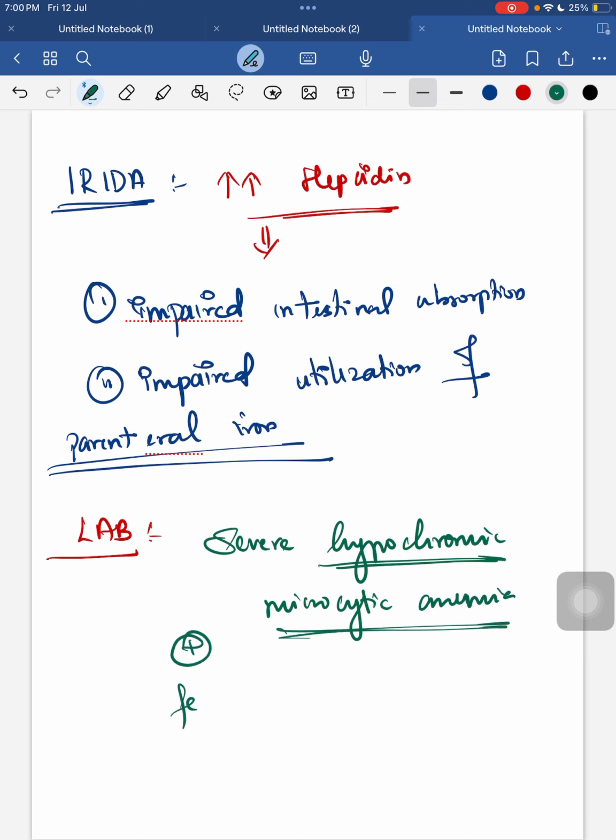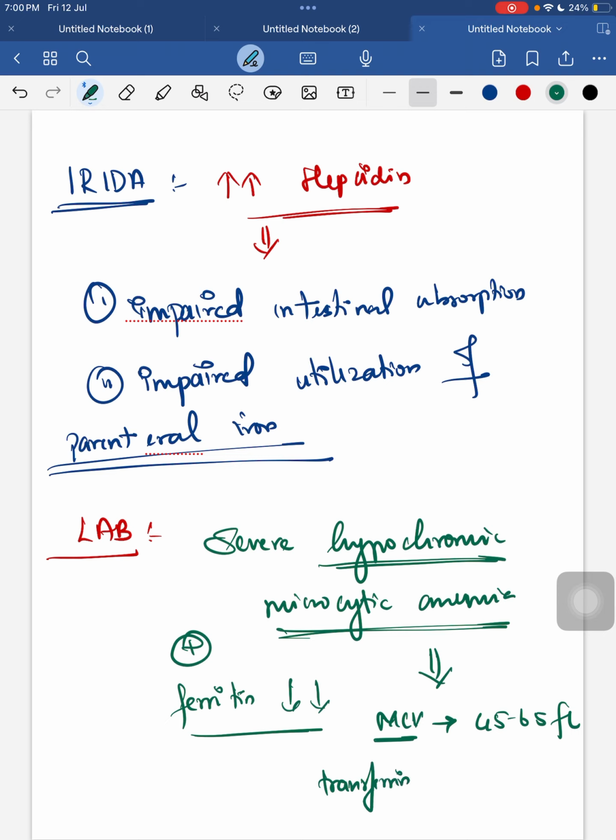So even though the child has this severe hypochromic microcytic anemia, the child's growth and neurocognitive development will be normal.